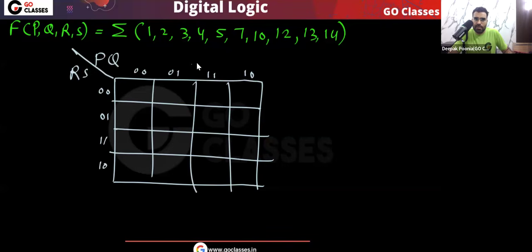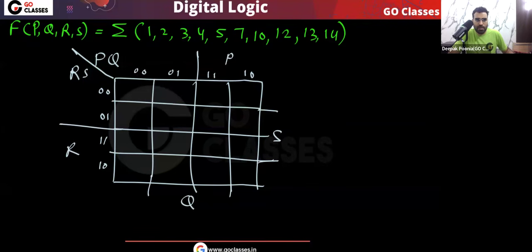Let me label the area also. Here you can see this is the area for P, this is the area for Q, this is the area for R, and this is the area for S. Now let's fill this k-map. When I put the most significant 2 variables on the column and the least significant 2 variables on the row, what is the cell numbering?